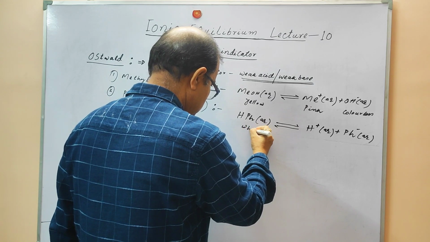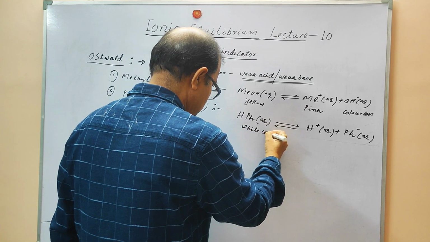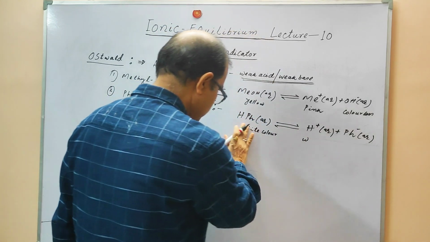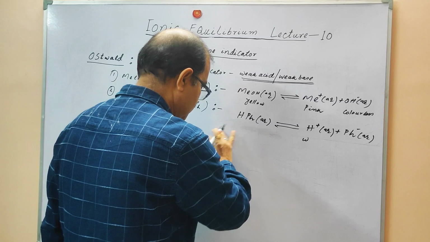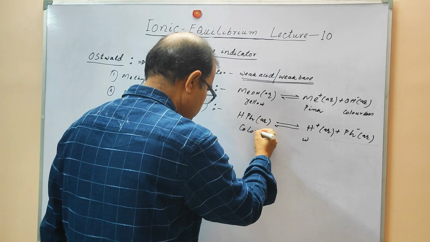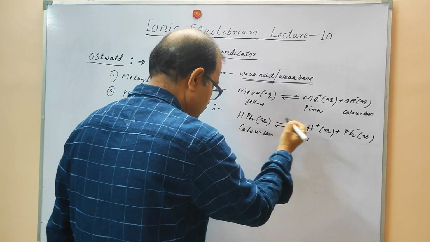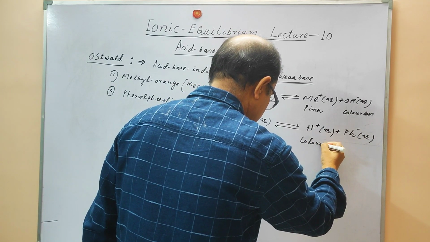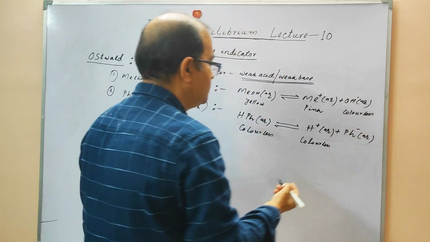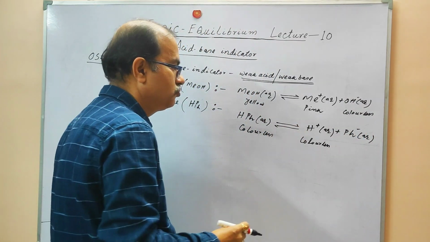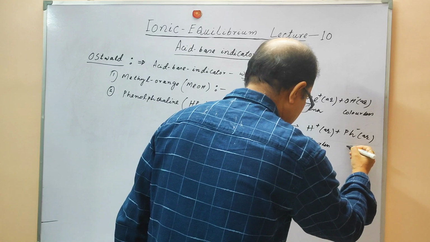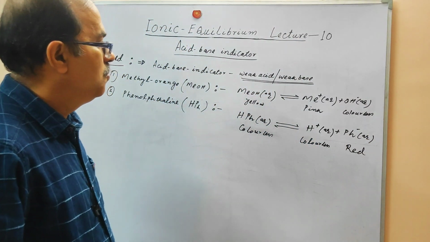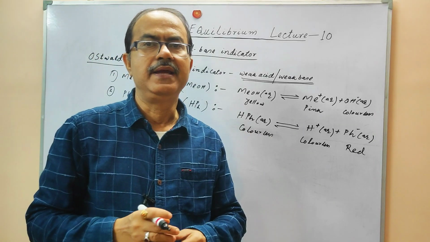This is white, or you can say colorless. H plus ion also does not have any color. But this Ph minus, the anion produced upon the dissociation, will have the red color. That is how the indicator performs.